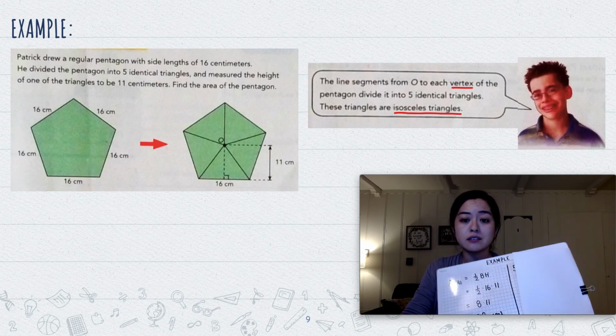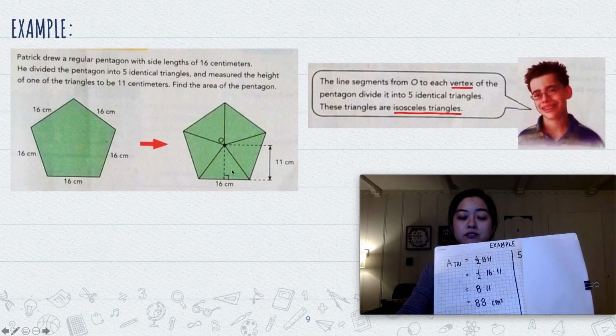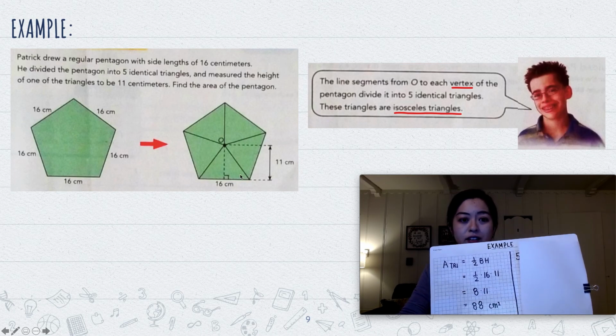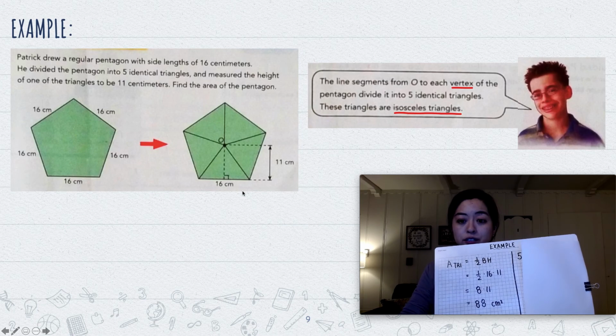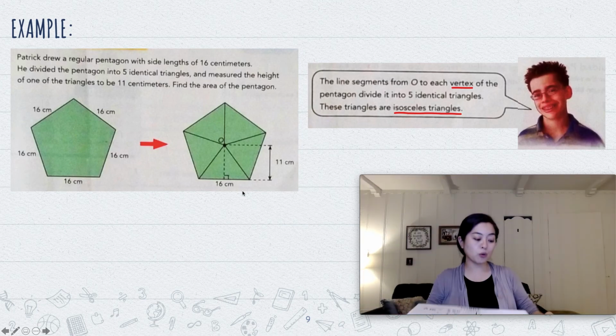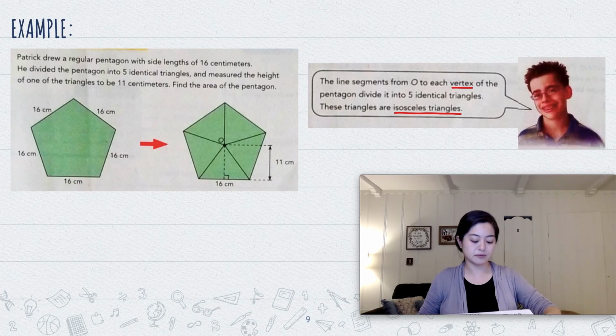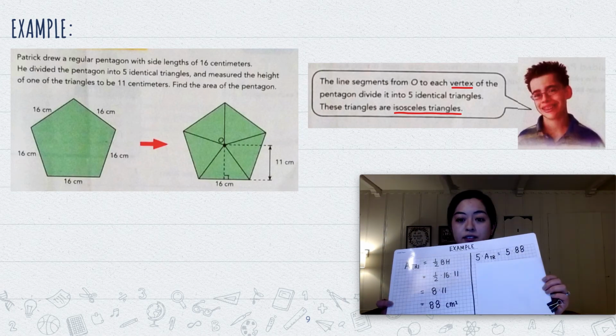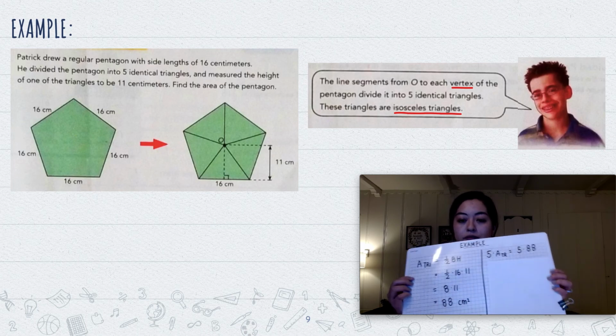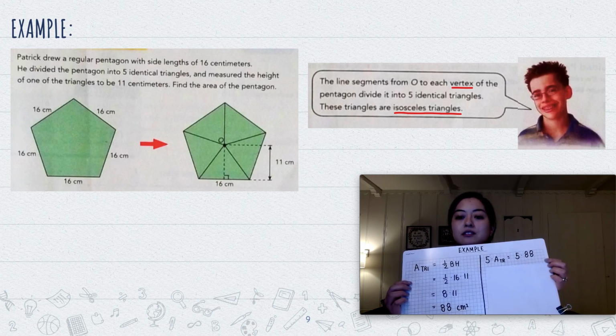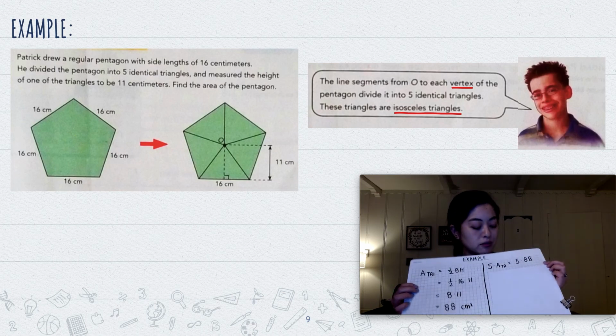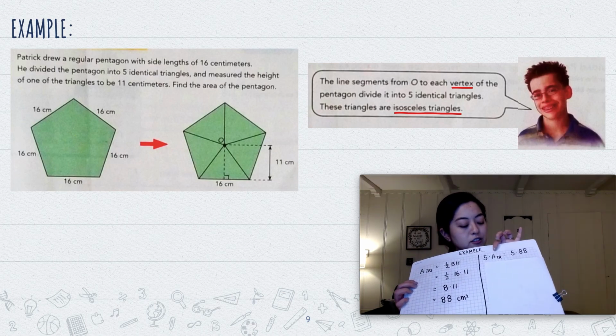But in this pentagon, how many triangles are there? 1, 2, 3, 4, 5. 5 triangles, 5 identical triangles. So what we're going to do is find the total area of the pentagon: we're going to do 5 times the area of the triangle that we found.